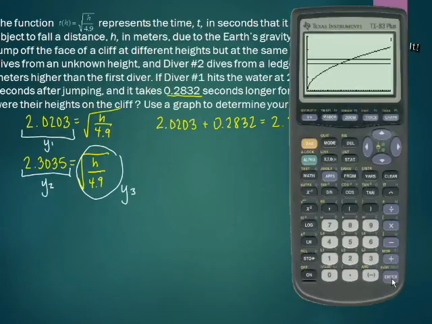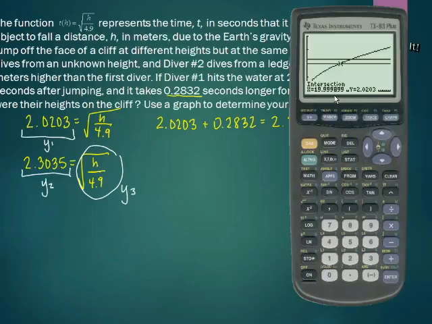Press enter and then press enter again. And so for our first diver, the distance that they jumped was 19.9999899. We could round that up to 20. So he jumped from about 20 meters.